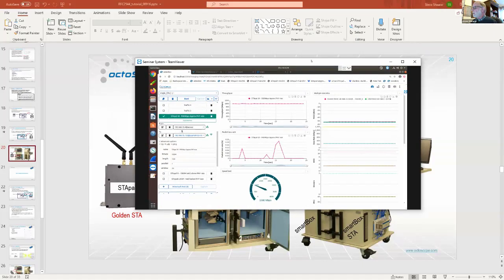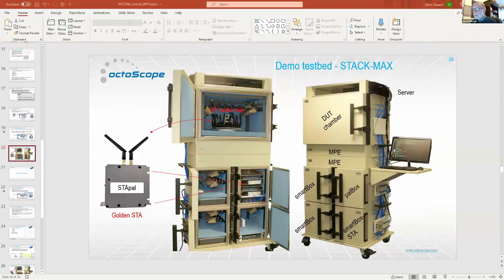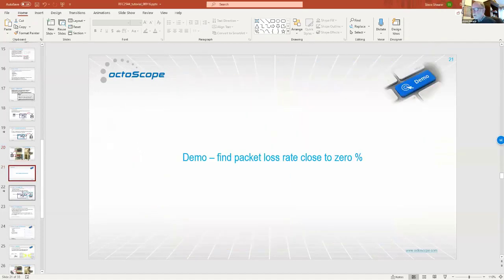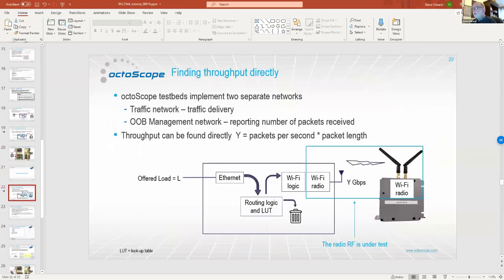All right, I'm going to pull this out of the way. So we had a look at that. That's one way of finding the maximum throughput. In our octoScope test beds, we implement two separate networks.